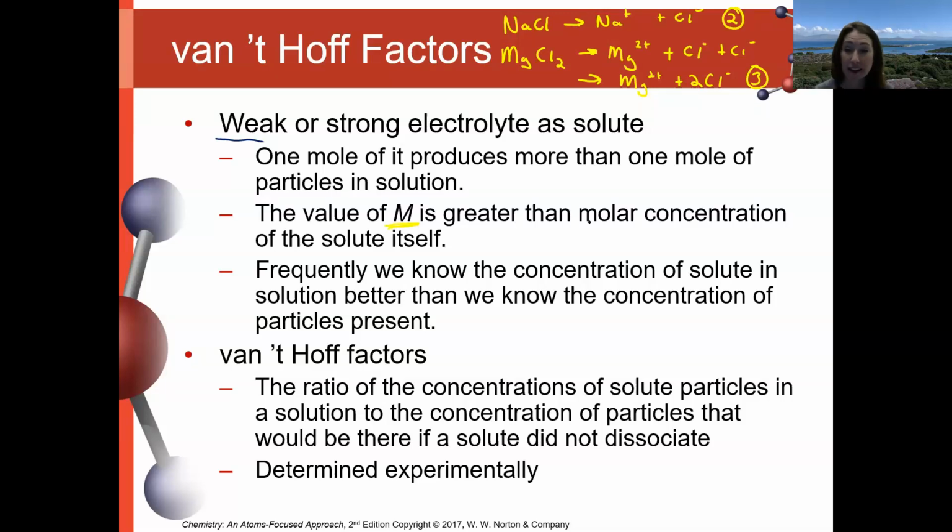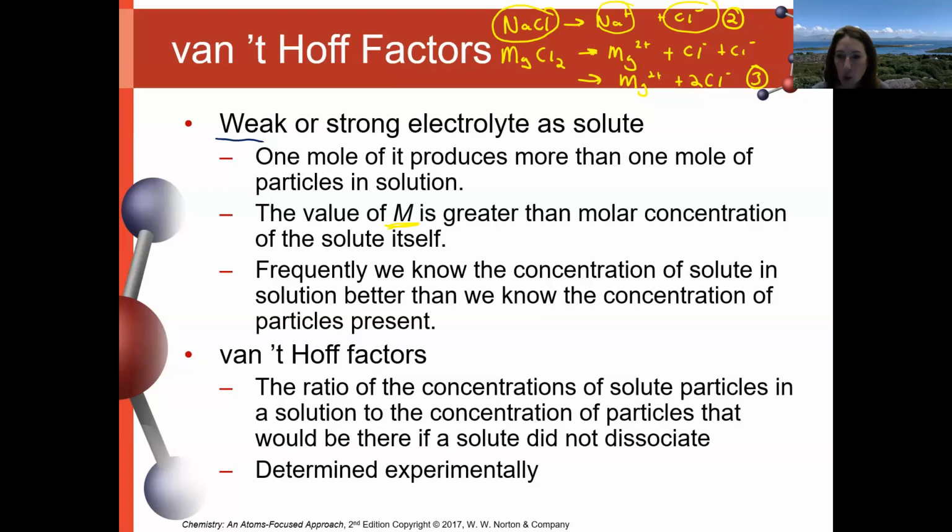Now, a Van 't Hoff factor is the ratio of the concentration of the solute particles in a solution to the concentration of the particles that would be there if the solute didn't dissociate. And these are all determined experimentally. So when a solute is a weak or strong electrolyte, 1 mole of it becomes more than 1 mole in solution, especially with strong electrolytes.